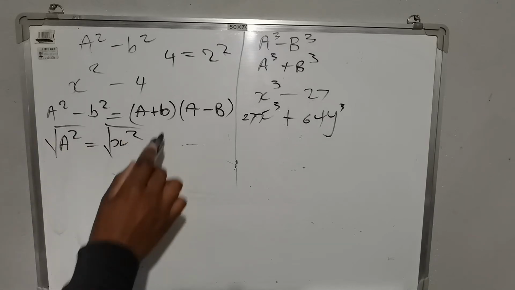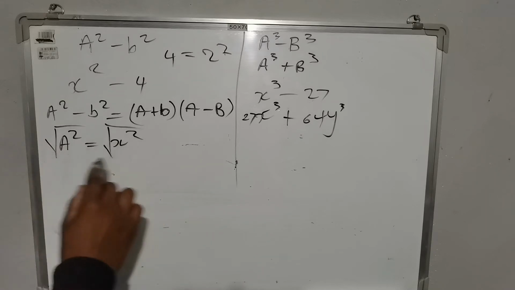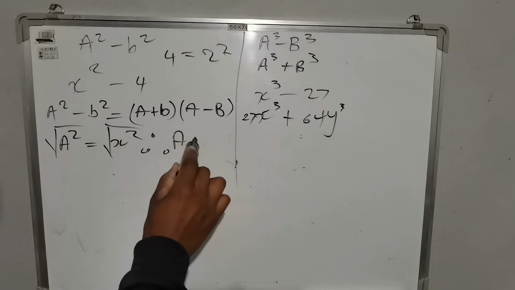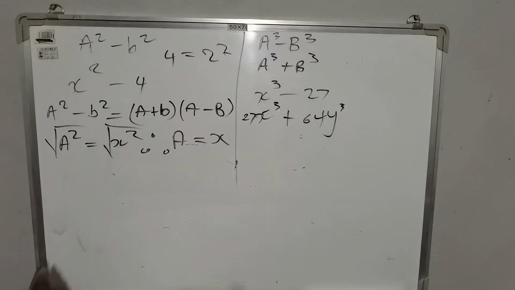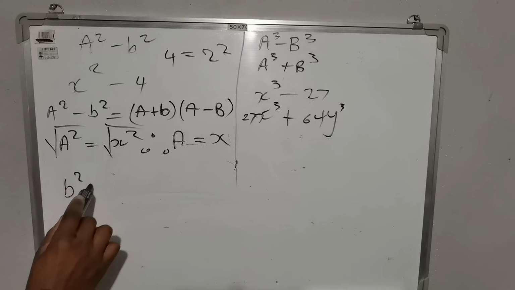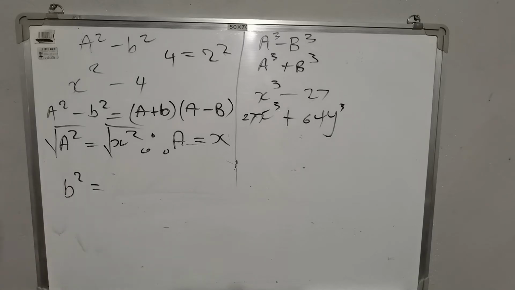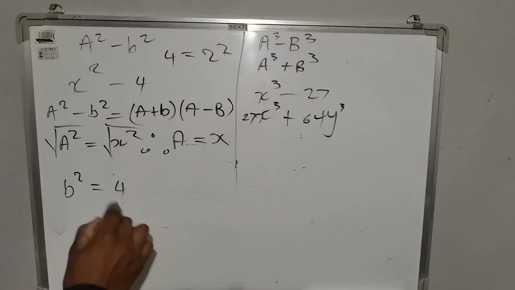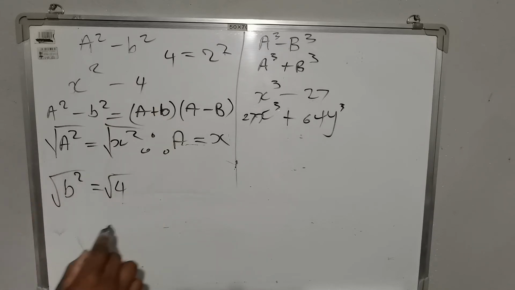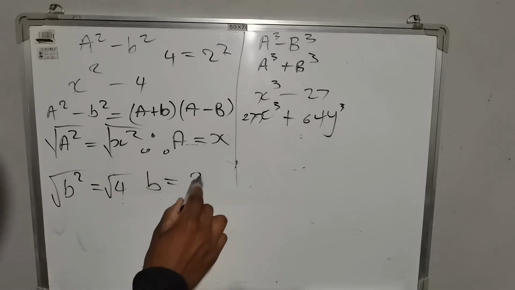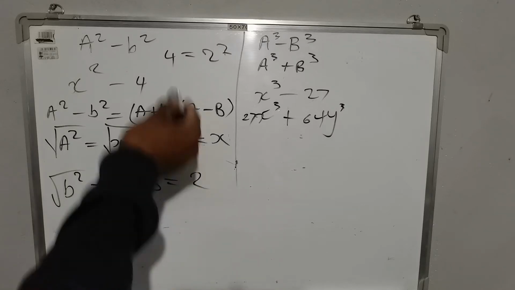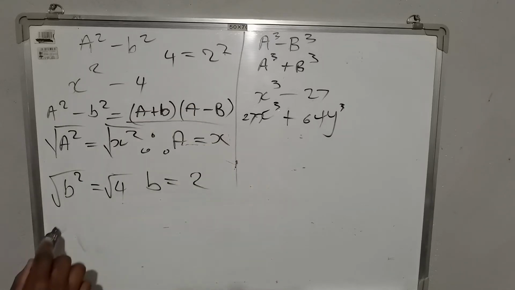If you find the square root of this, a will be x, and b squared on this case is 4. So if you find the square root of that, you will get b that is equal to 2. So you just go and substitute here.